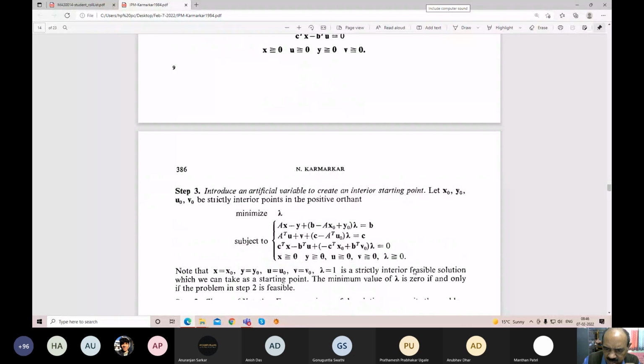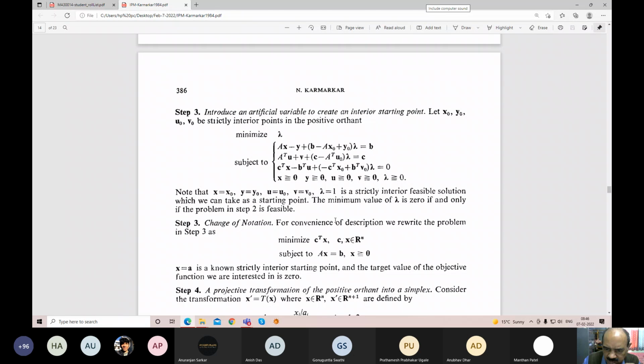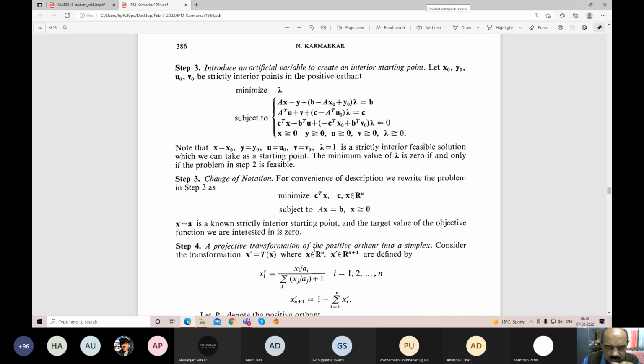There is a trick I have to explain with some example. After changing the notation, this is something like minimize C transpose X subject to AX equal to B, X non-negative. If only X are there, then with respect to this problem, we have a transformation called projective transformation.